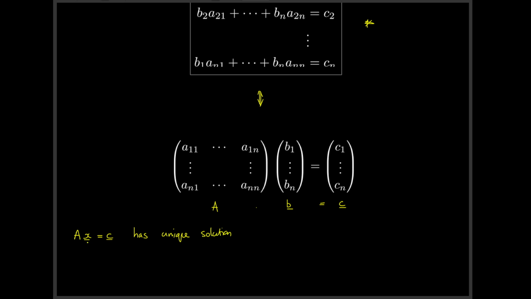So just to remind you, the thing that we're solving for here would be the X, right? So this equation has a unique solution if and only if the determinant of A is not equal to 0. Another way to say this is that the only solution to the equation AX equal to 0 is the trivial solution.